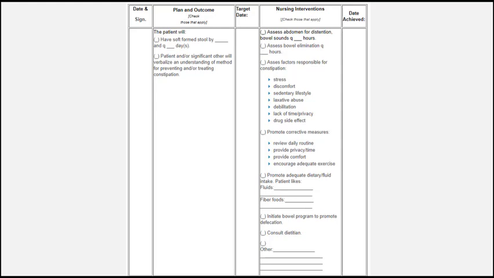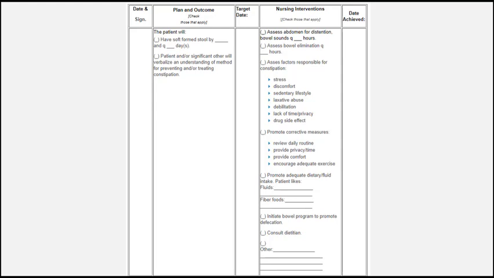We also want the patient and their significant other to verbalize an understanding of methods to prevent and or treat constipation. Now, there are many other goals or outcomes that we could put in, but that first one is definitely an outcome and not just a goal, because we're going to say we want this to happen, and this is how soon we want it to occur.